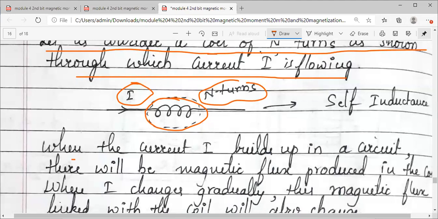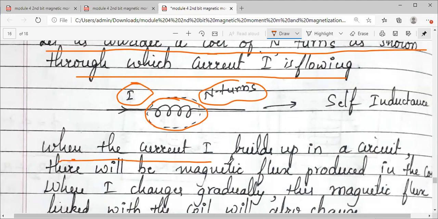I think you already know this phenomenon: what happens when current flows? Flux is generated. And when the current changes, what happens to the flux? I think you have already studied this concept. You might even know about the back EMF concept. I'm just recalling those terms.